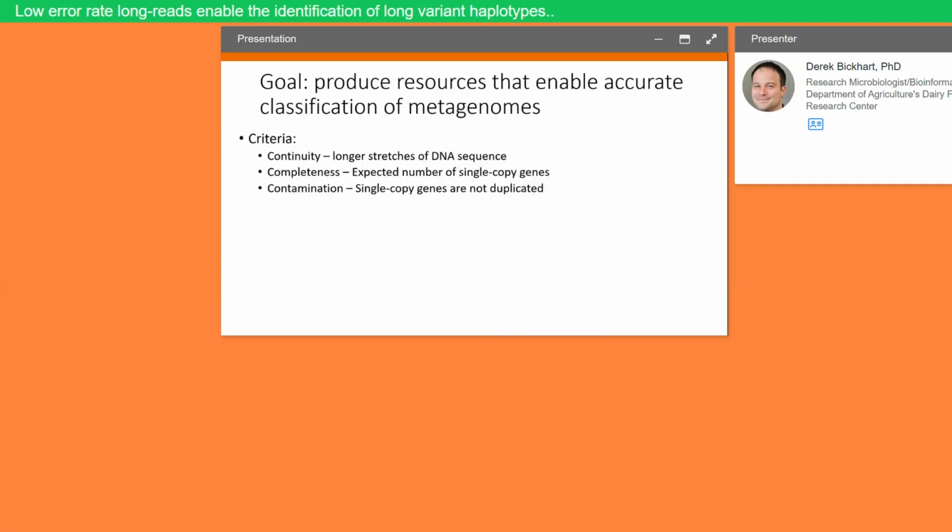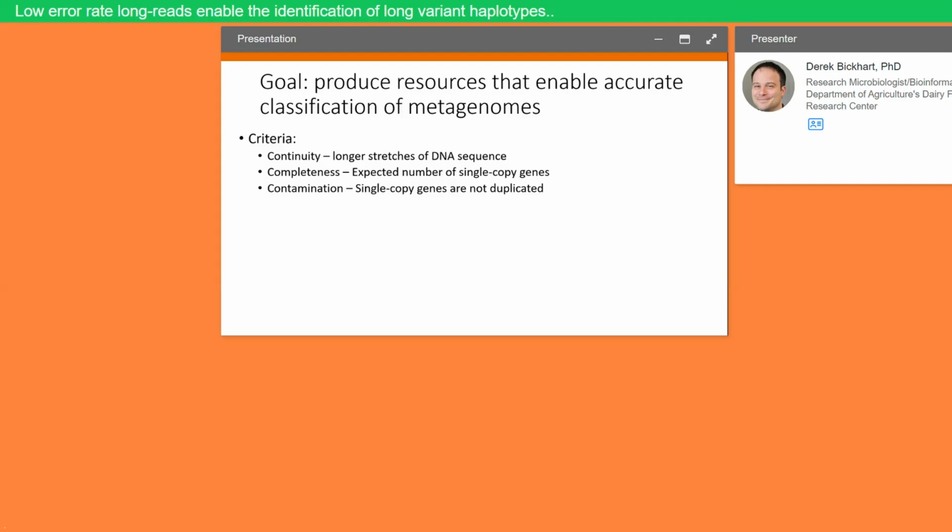And the ultimate goal of both binning and assembly is to create resources that allow you to classify metagenomes. And we assess these through 3 different criteria. The first is through the continuity of the assembly, which is the length of the contigs themselves. But we can also assess completeness and potential misassemblies by counting the number of single copy genes that are expected to be in each lineage.